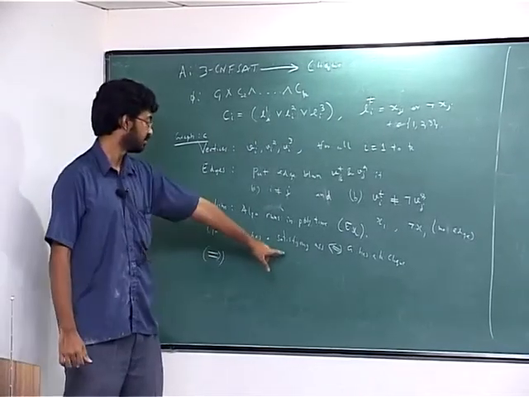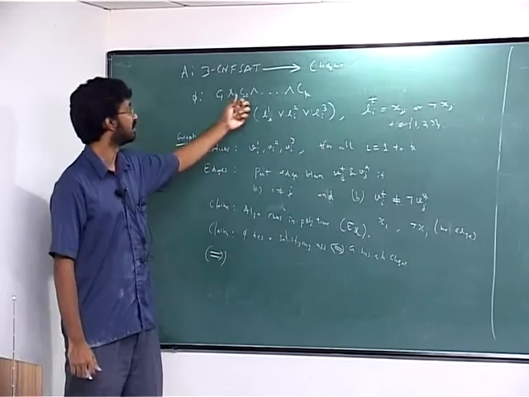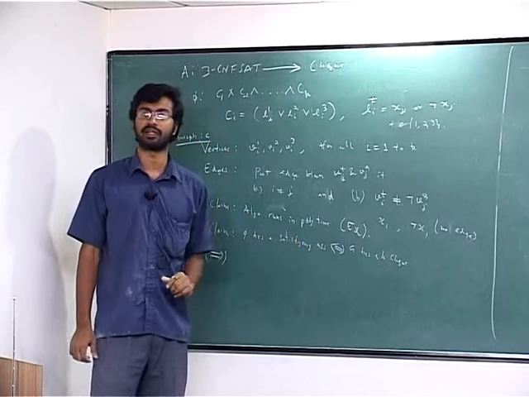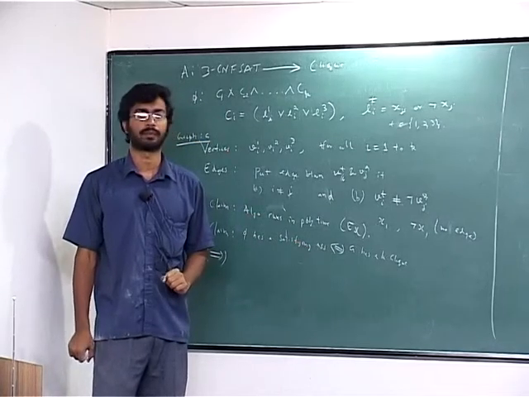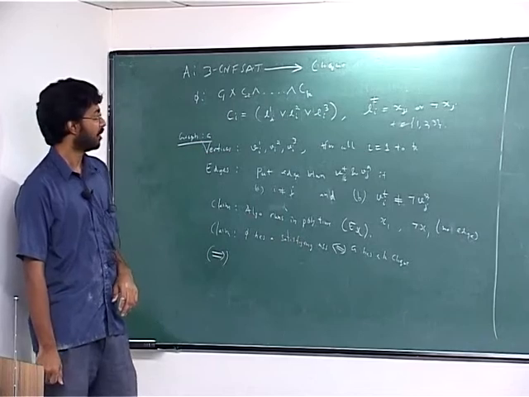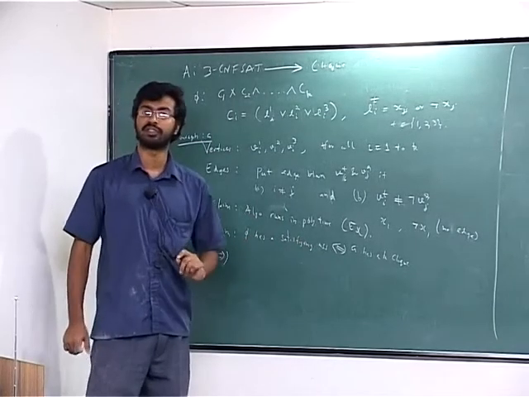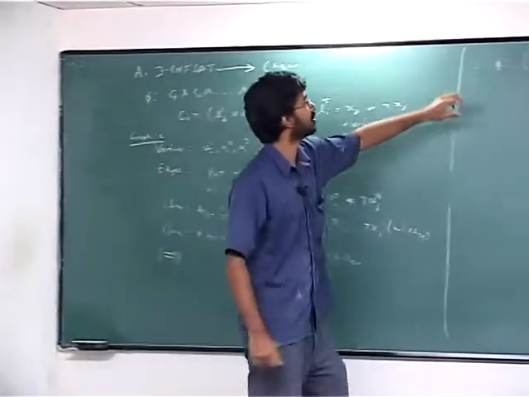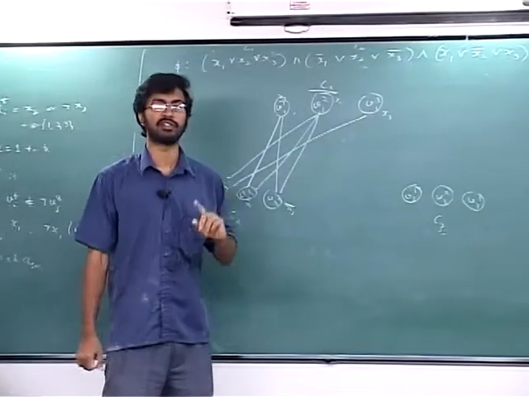Now to our claim that this formula has a satisfying assignment if and only if G has a k clique. When does the formula have a satisfying assignment? The formula has a satisfying assignment if each of the clauses has a literal which is assigned 1.